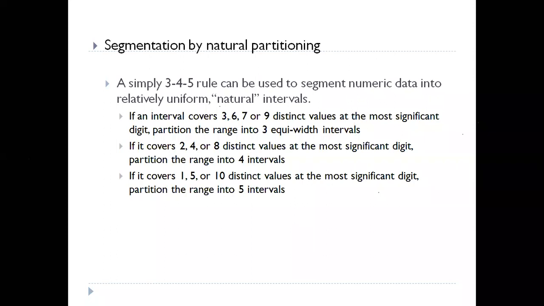I just took a simple example in order to make you understand. If it covers 2, 4, or 8 distinct values at the most significant digit, then I'll partition the range into 4 intervals: 2, 4, 6 and 8. If it covers 1, 5 or 10 distinct values at the most significant digit, I'll partition the range into 5 intervals.